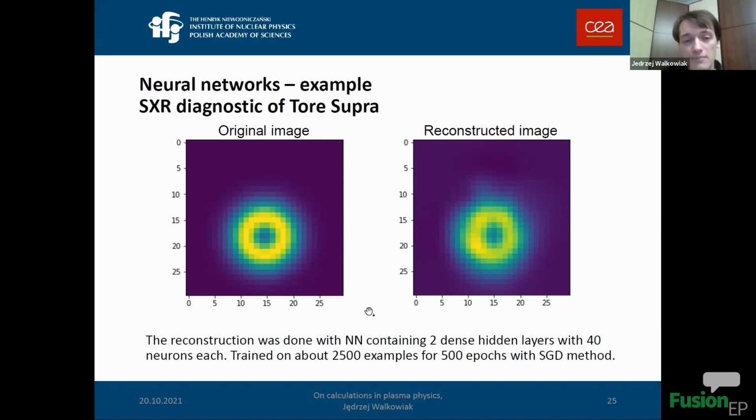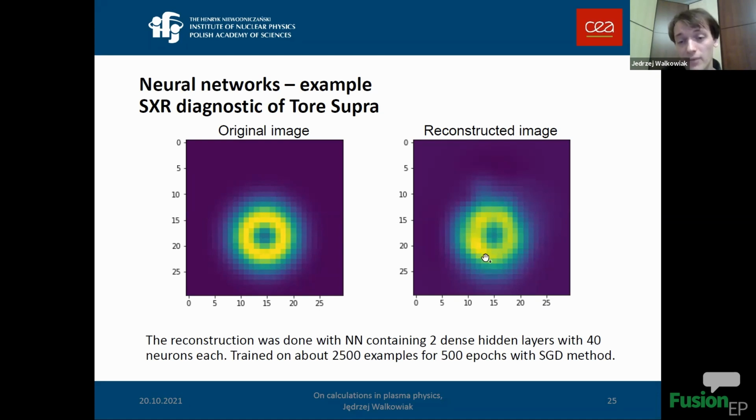And here you can see the reconstruction of the original image, which was artificially created. The neural network didn't see it during the training, and it was able to produce a more or less reasonable reconstruction of the original image, based on the readings from the camera as it would look like in the Tore Supra tokamak.